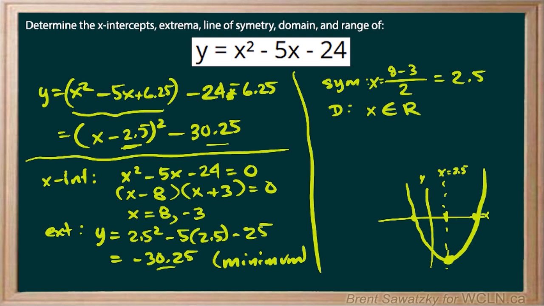And then the range, we can see that it's a minimum, so it goes up from there. So we would say that y has to be equal or greater than our negative 30.25, and y is also part of the real values.